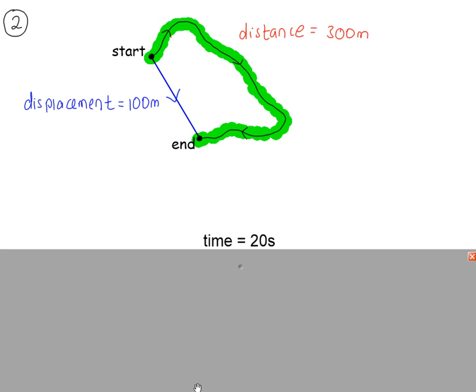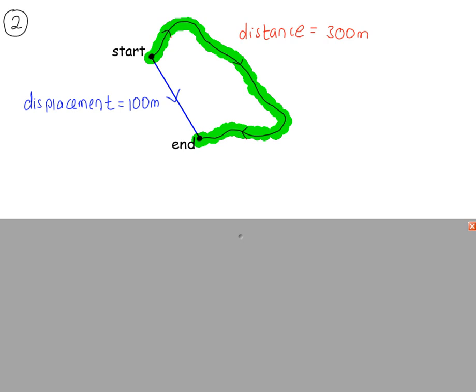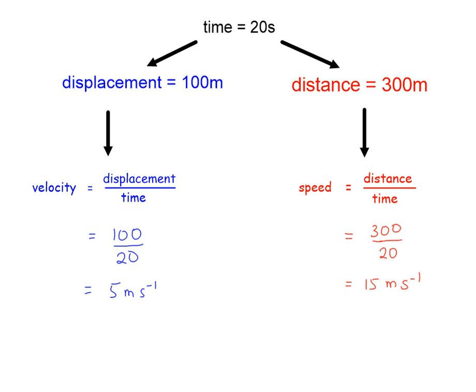The journey takes 20 seconds. Using the distance, we can calculate the speed, and using displacement, we can calculate the velocity, like this. Velocity is displacement over time, and speed is distance over time.